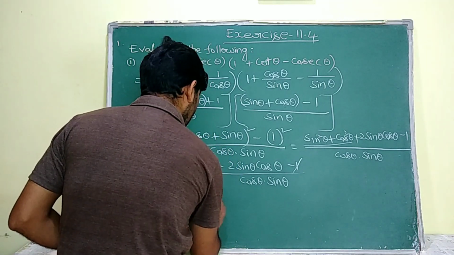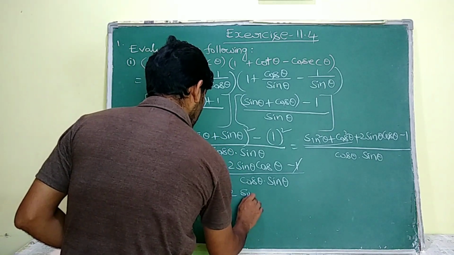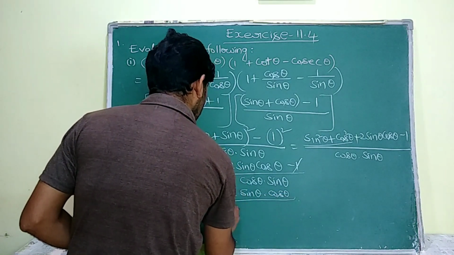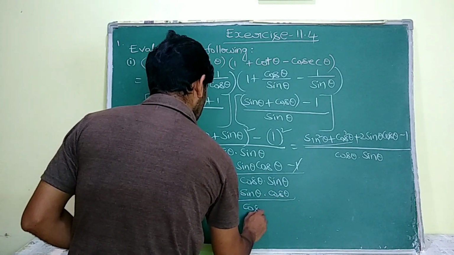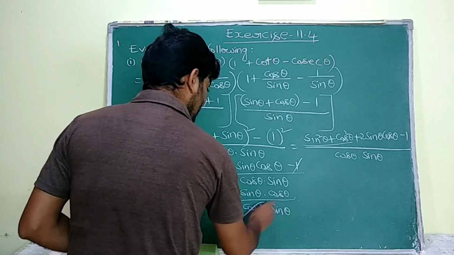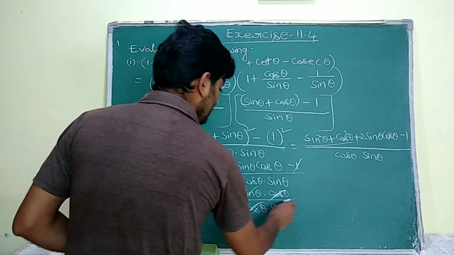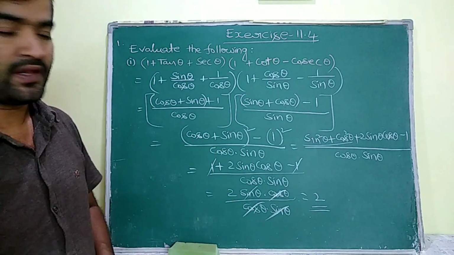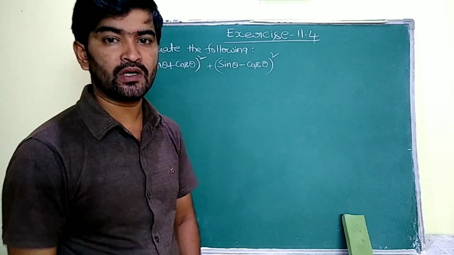Then the leftover value is 2 into sin theta into cos theta by cos theta into sin theta. Cos theta and sin theta are cancelled and the answer is 2.